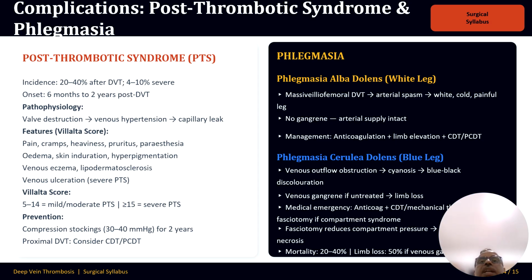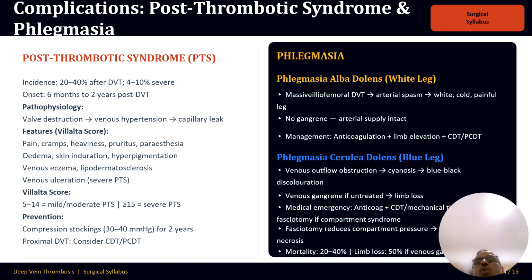Phlegmasia is another complication which basically consists of two components: phlegmasia alba dolens, which is commonly known as white leg. What happens is that in this, there is a massive iliofemoral deep vein thrombosis, and this leads to arterial spasm, leading to reduced arterial inflow, and the limb becomes ischemic, white, cold, and painful.